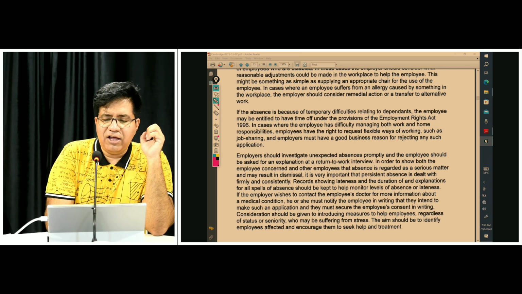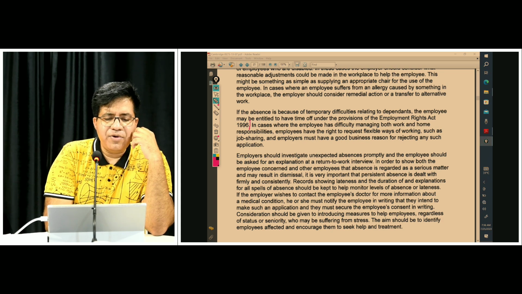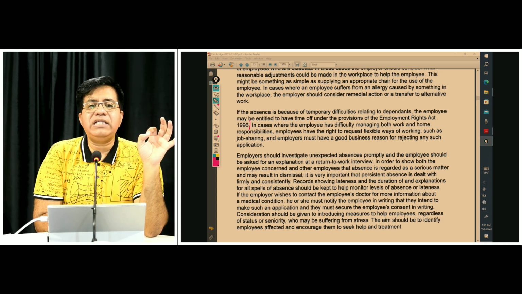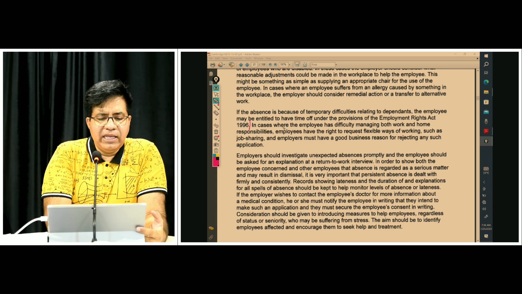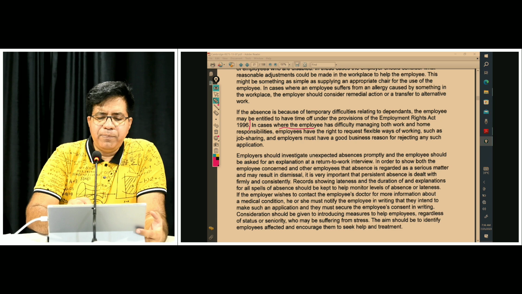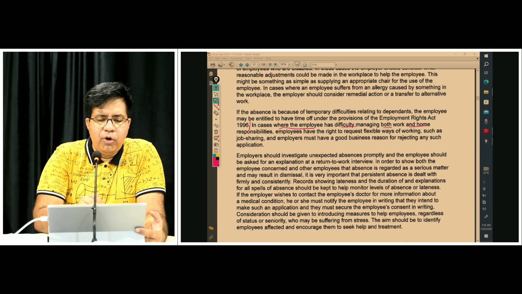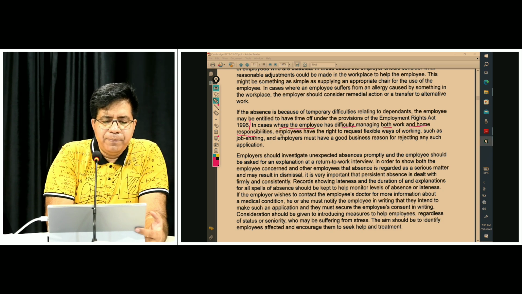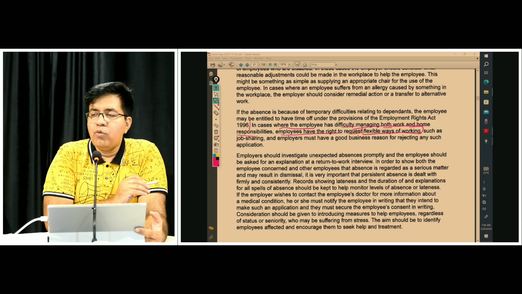Okay, third paragraph, third line. Alright, I'm reading it from third line after 1996. Found it? Okay. In cases where the employee has difficulty managing both work and home responsibilities, employees have the right to request what? Flexible ways of working.